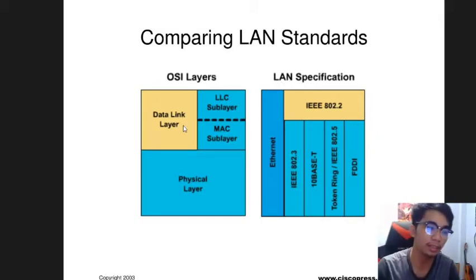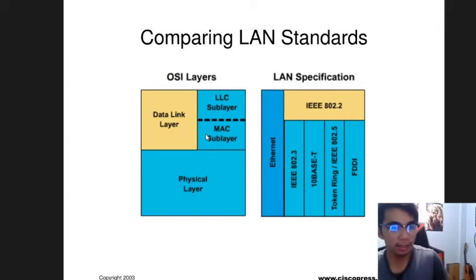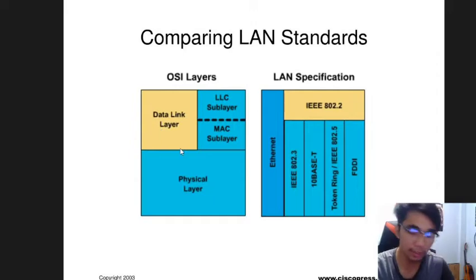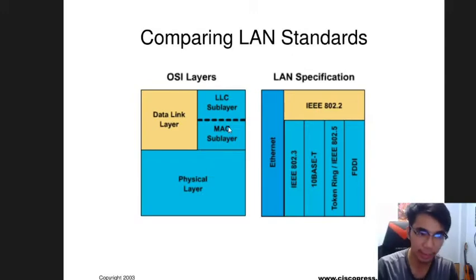As you can see here, the data link layer is considered, and the MAC sublayer is the one that communicates with the physical layer. Then the LLC sublayer is the one that goes with the Ethernet.